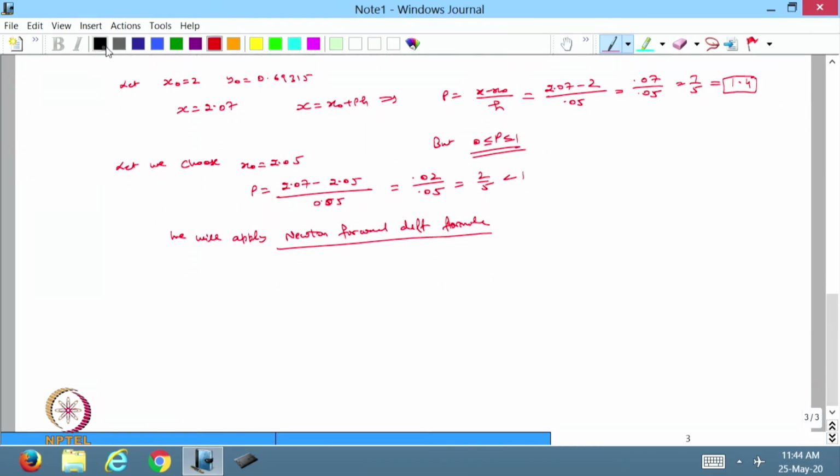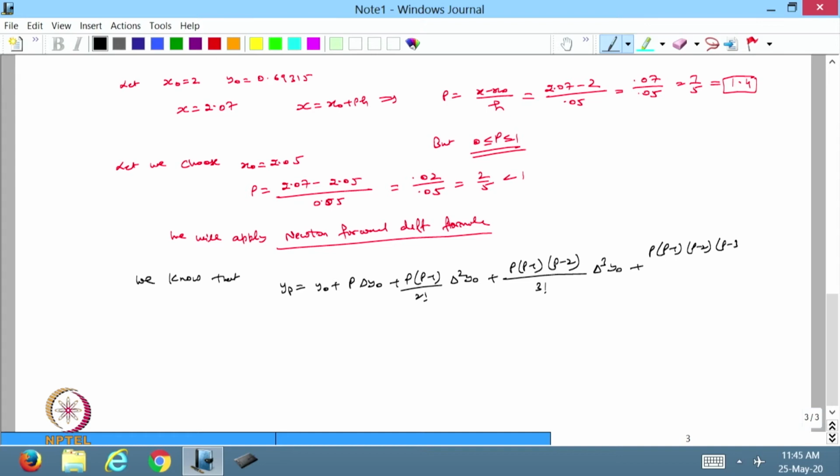We know that my yp, the formula is y naught plus p del y naught plus p minus 1 by 2 factorial del square y naught plus p minus 1 p minus 2 by 3 factorial del cube y naught plus p minus 2 p minus 3 by 4 factorial.